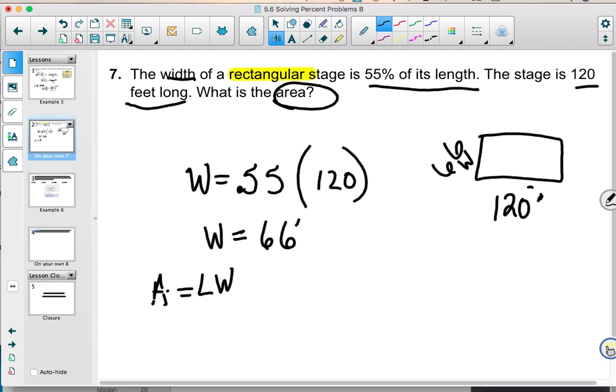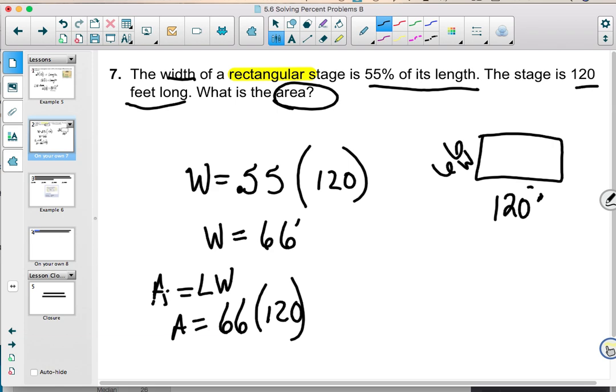So my area equals 66 times 120. What is the area of the stage? Emmy, what's the area of my stage? 7,920.